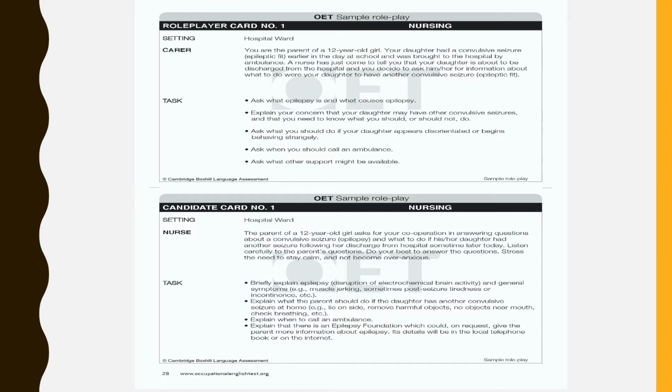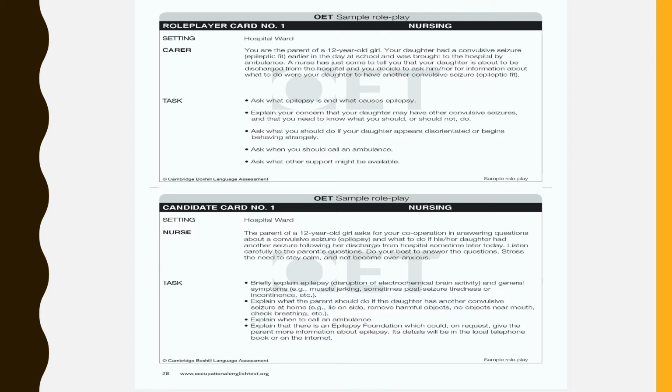The top paragraph contains background information about the patient or his or her situation. It will be made clear if the interlocutor is taking on the role of the patient or somebody acting on behalf of the patient, for example, the patient's carer, the patient's parent, or patient's daughter or son, etc. The bottom half of the role play card contains information to assist candidates in what they need to mention during the role play.